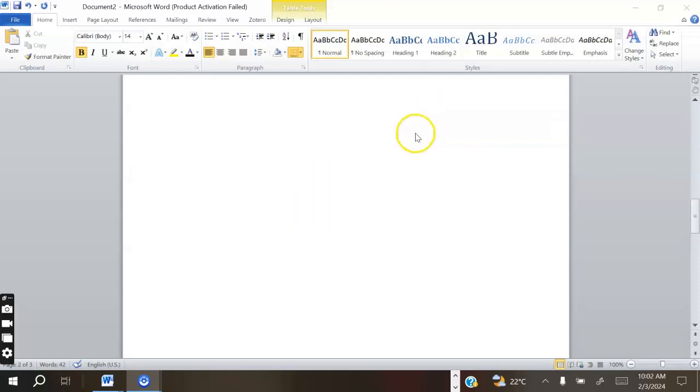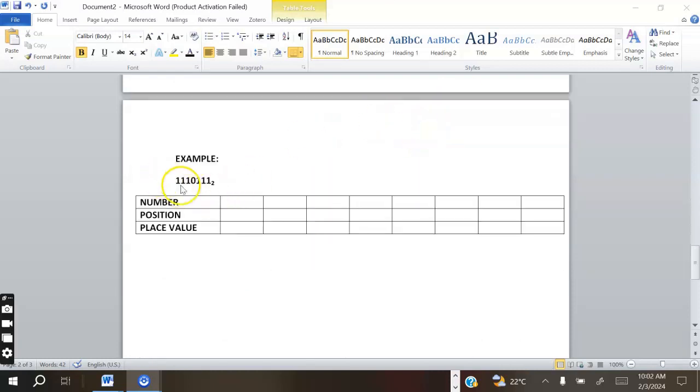Okay, let's move to our next example. That is 1110111 base 2. So write down the number 1, 1, 1, 0, 1, 1, 1. Okay, position, we have 1, 2, 3, 4, 5, 6.